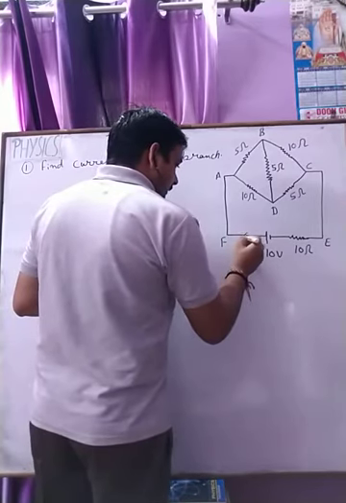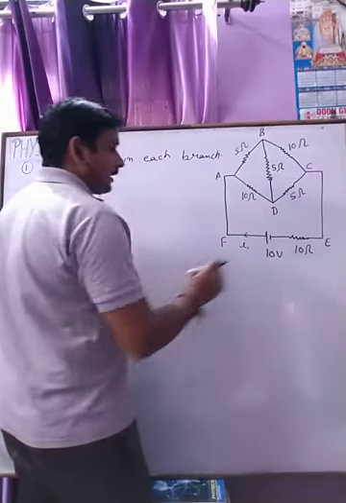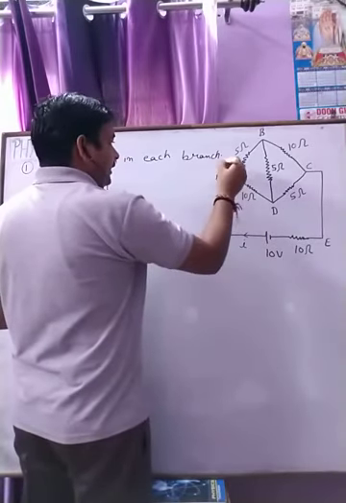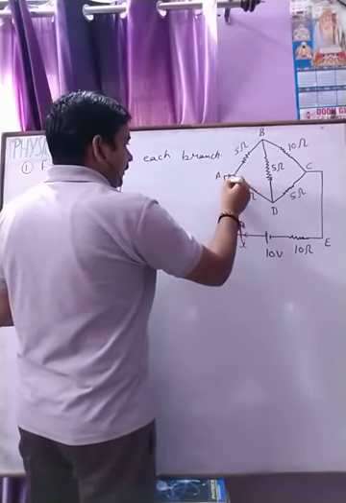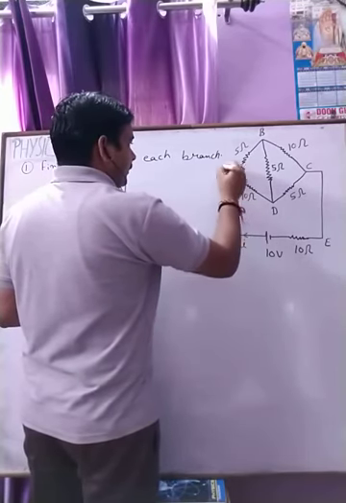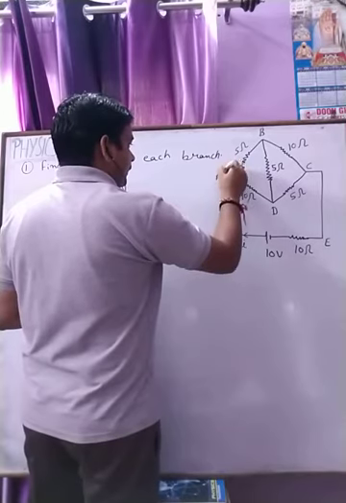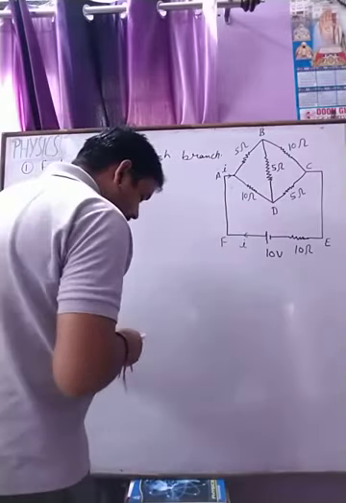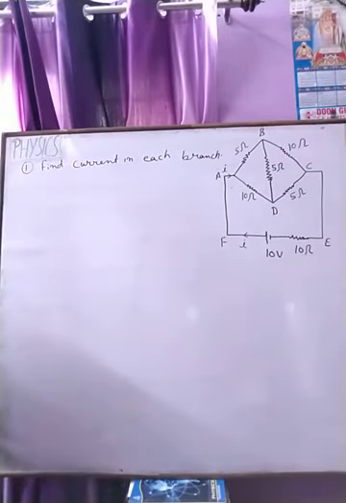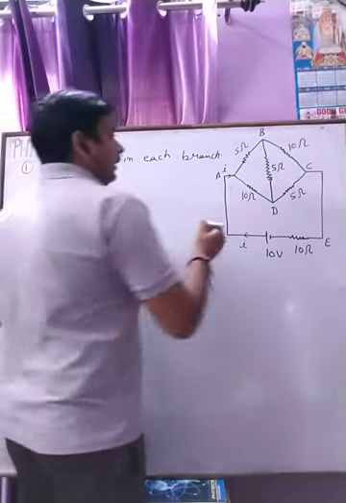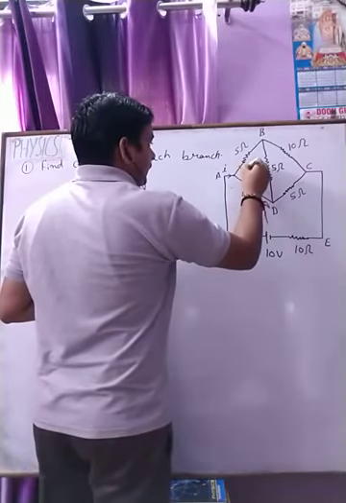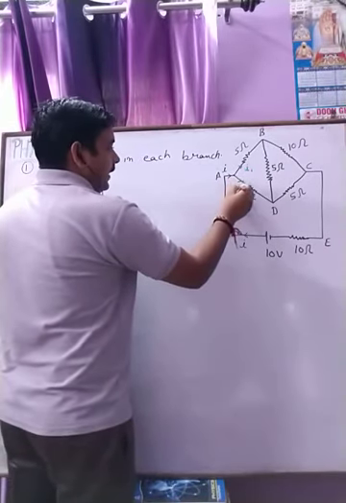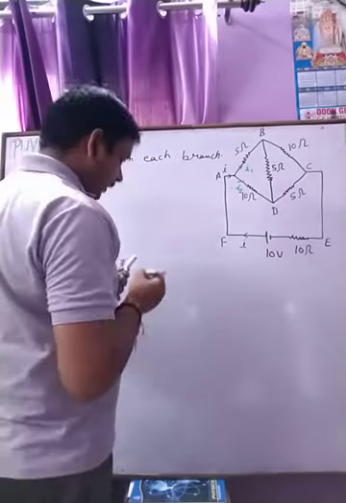Suppose current I starts moving from the battery, and when it reaches the junction point, the current will distribute in this branch as I1 and this branch as I2. Okay.